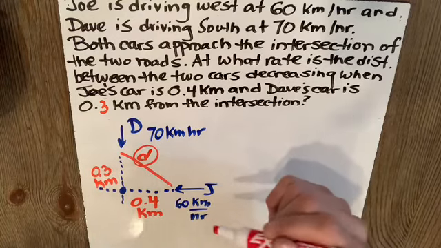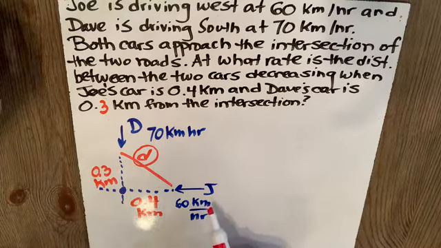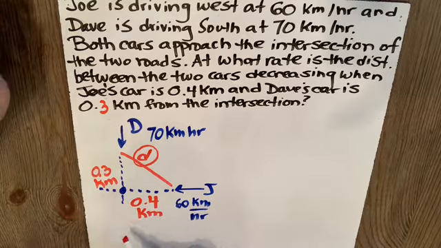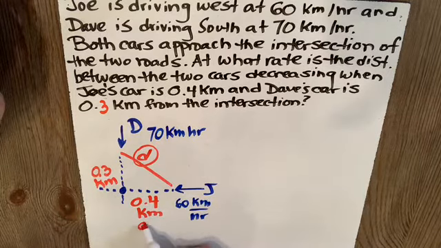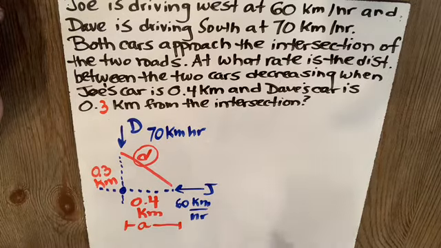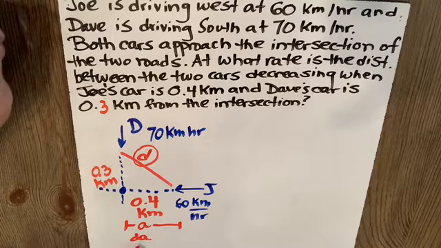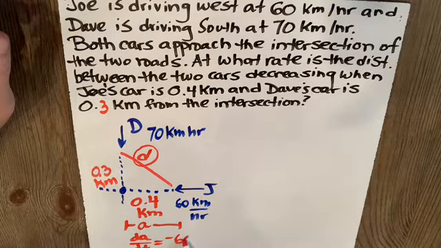Now, if Joe is going this way, then this distance, which I'll call A, is decreasing. So if the distance is decreasing, then we can say dA/dt is negative 60 kilometers per hour.